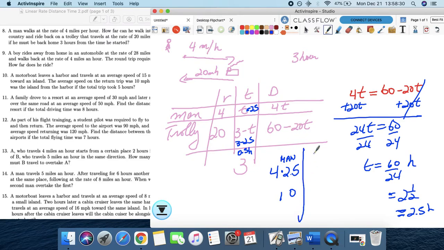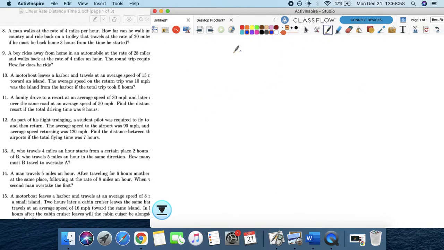The trolley is 60 minus 20t, so 60 minus 20 times 2.5, which is 50. So the man walked for 10 miles, and that makes sense: 2.5 hours, 10 miles. And the trolley also traveled 10 miles, so we're good. You didn't have to do that step, but I'm just wondering if you want to.